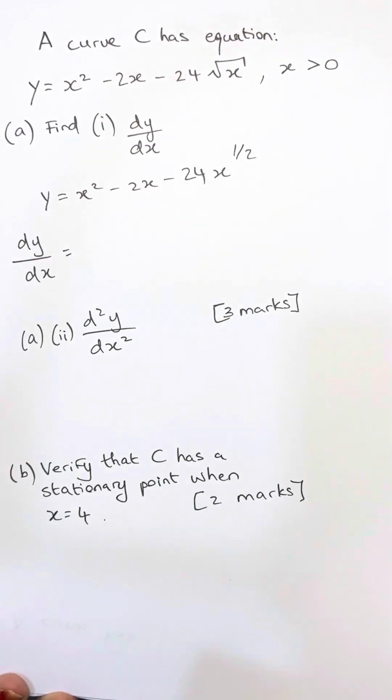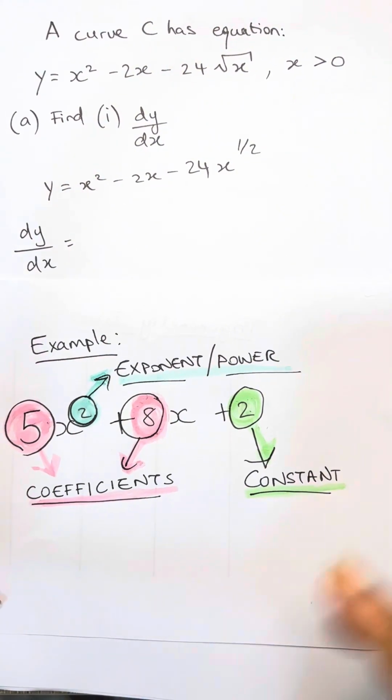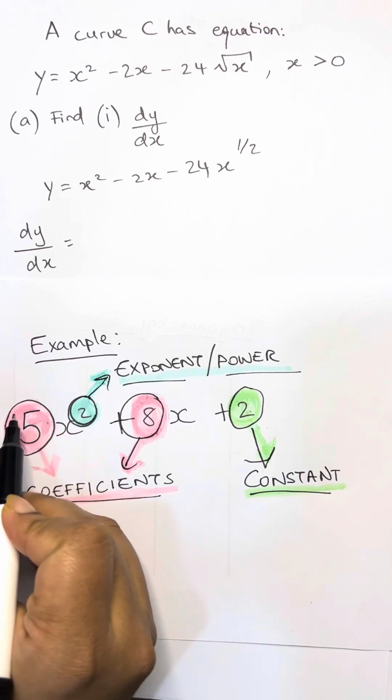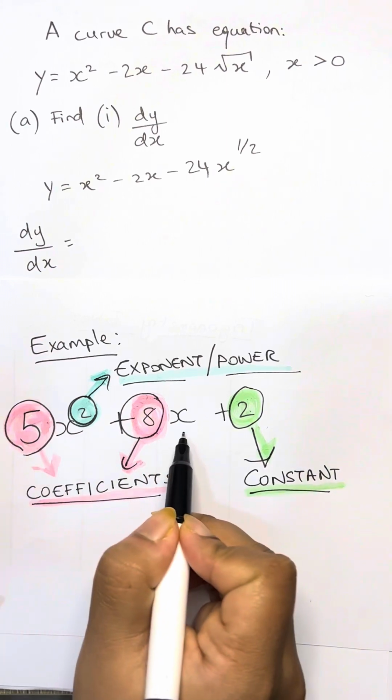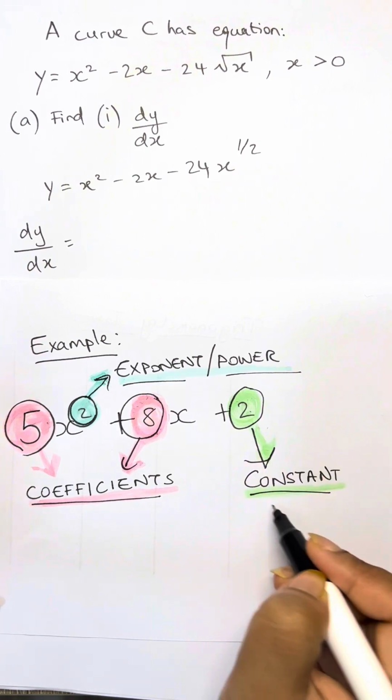Before that, I want you to focus on these terminologies that I'm going to be using. The coefficient is simply the number in front of the x. The constant is the number without the x.